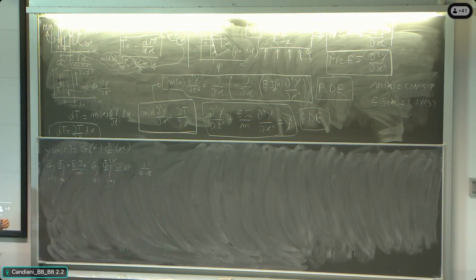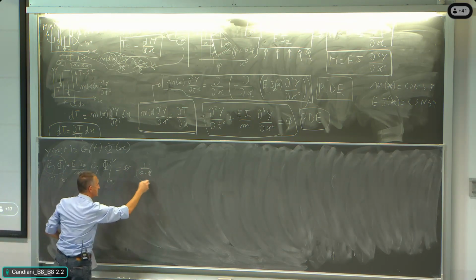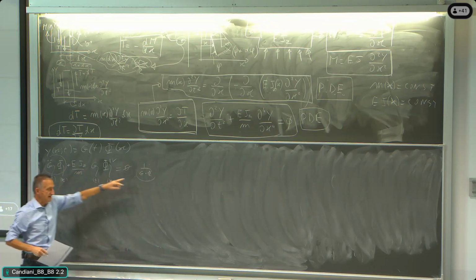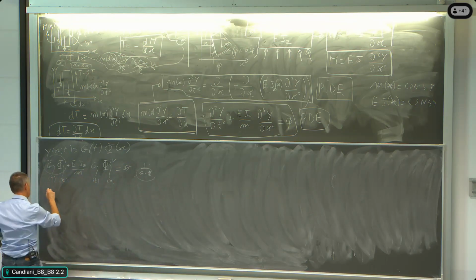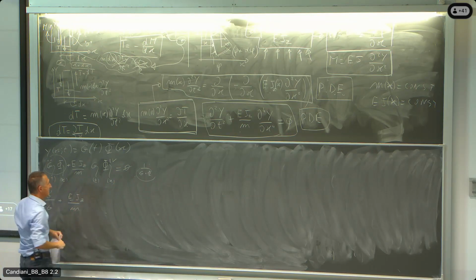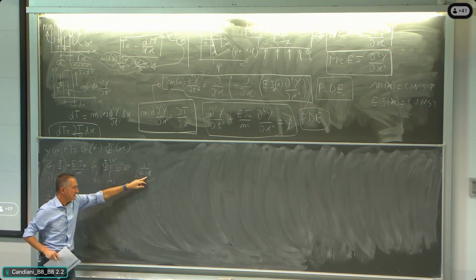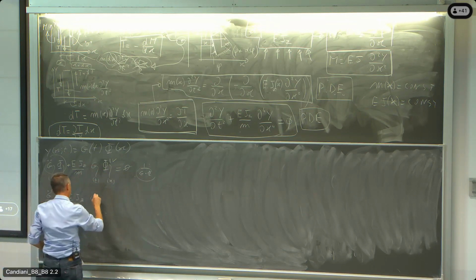Dividing everything by the product G times phi, phi is canceling this phi, and what is left is G. Phi is cancelled, and what is left is G two dots divided by G plus EJ Z divided by M. And here it is the same. G is cancelled, and what is left is phi fourth divided by phi.